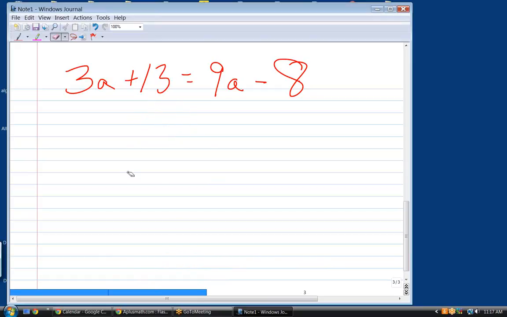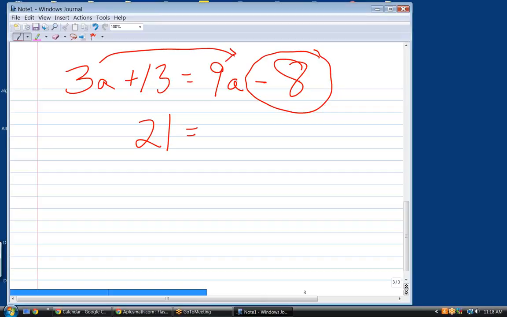Okay? So notice what else I could do here. I could move this minus 8 to the left. All I got to do is add 8 to both sides. Well, this clearly becomes 21. And I could move the 3a to the right.